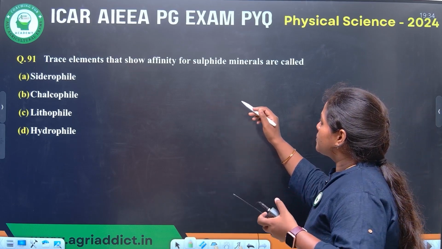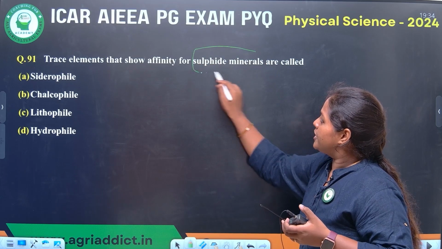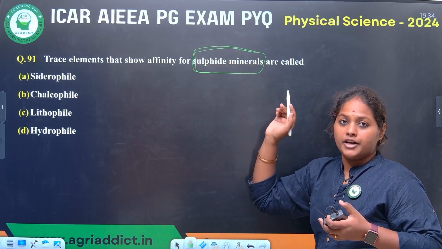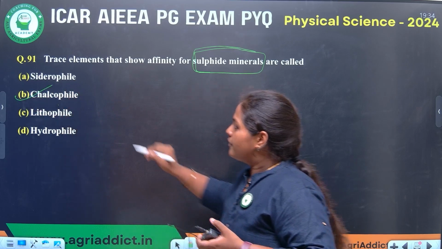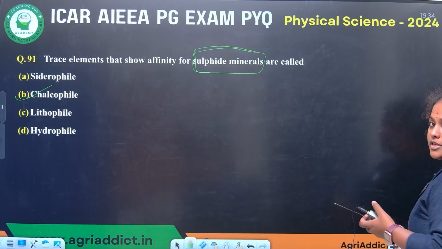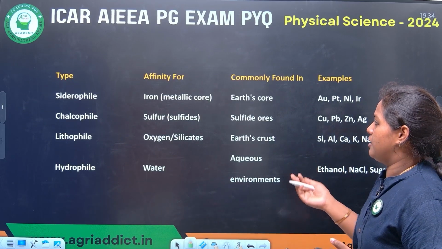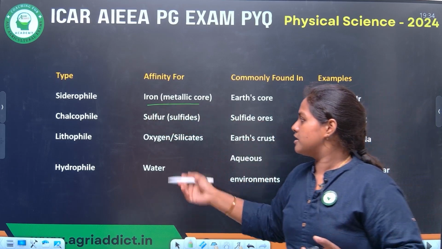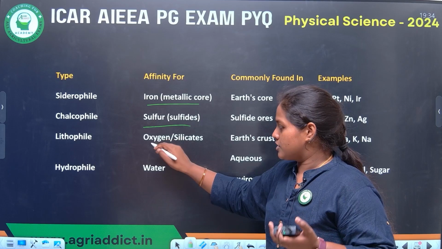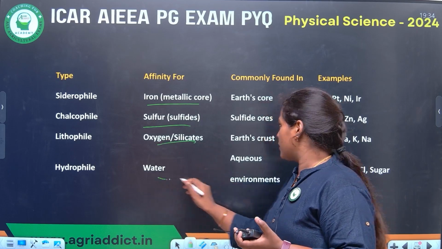Trace elements that show affinity for sulfide minerals. Affinity for sulfide minerals is chalcophile. Likewise, siderophile has affinity for iron. Chalcophile means affinity for sulfur. Lithophile for oxygen. Hydrophile for water.